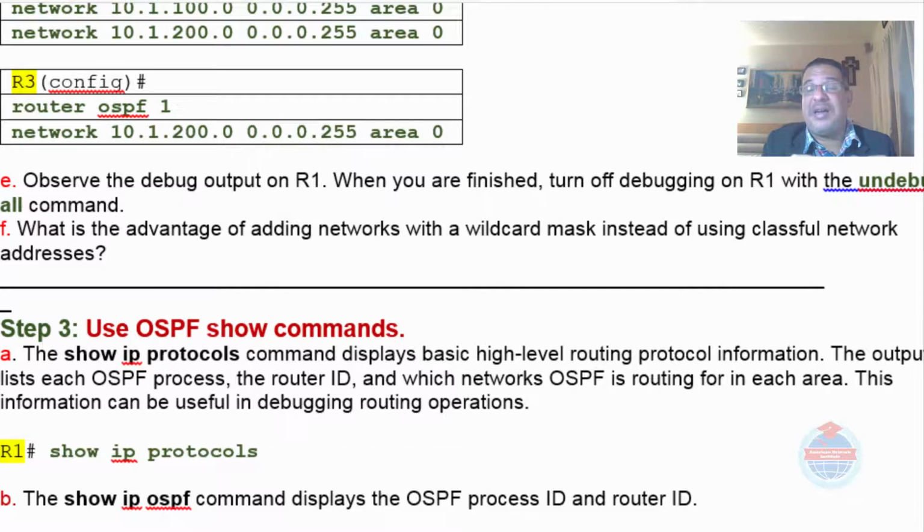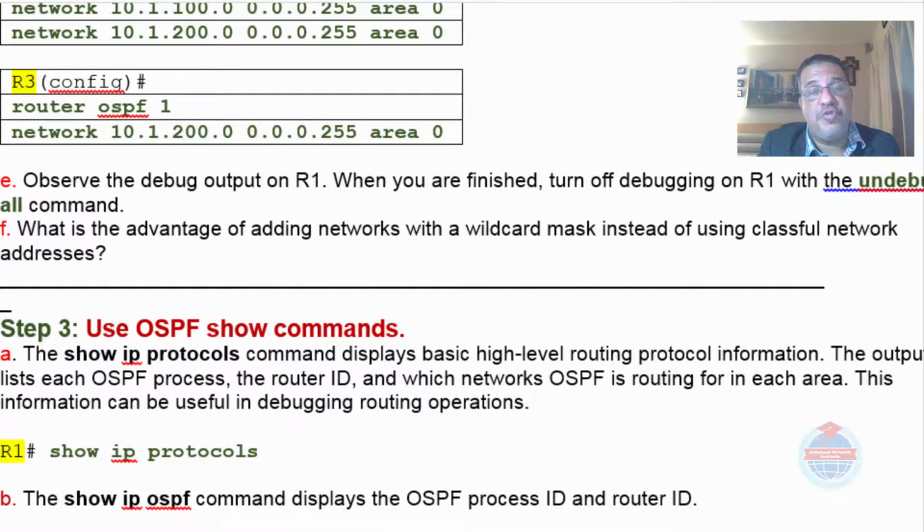So the wildcard mask will be assigned to each one of the interfaces for each one of the areas. That's the importance of having a wildcard mask on the router for each one of the areas, guys.